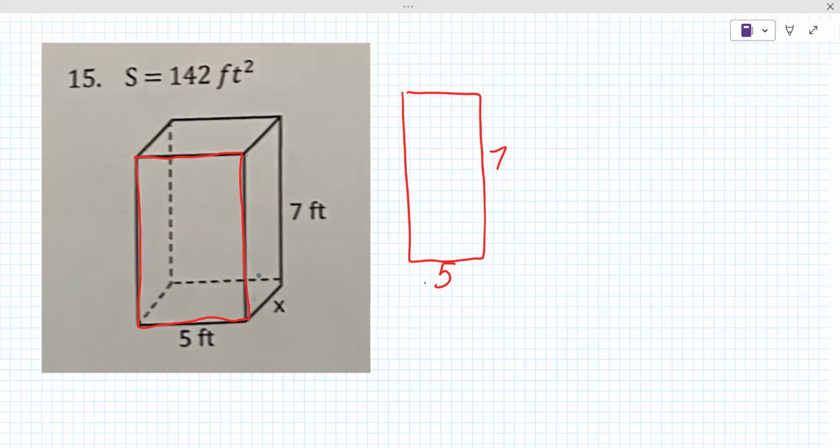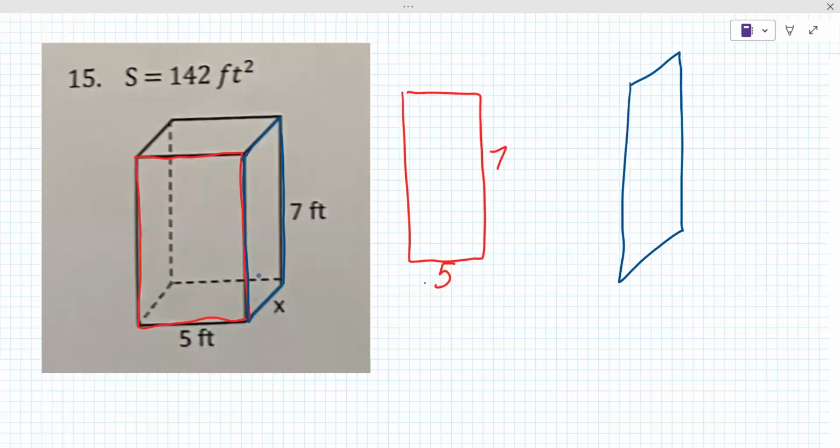Okay, so now let's look at the one on the right here. What's the height of this one? The height for that one is 7.